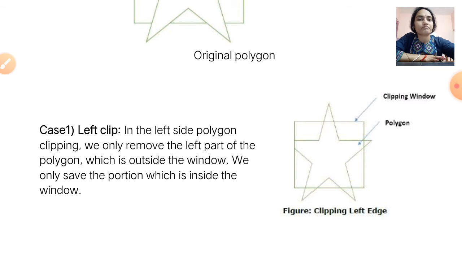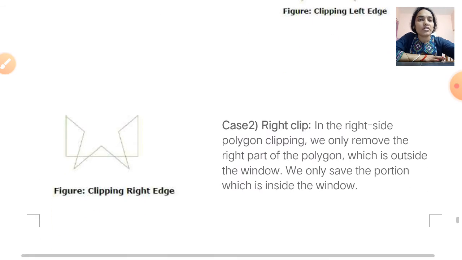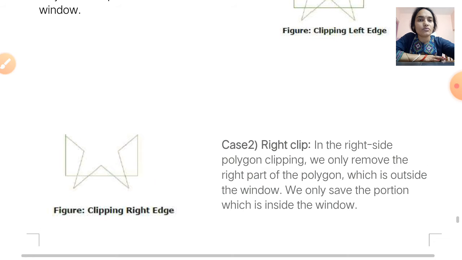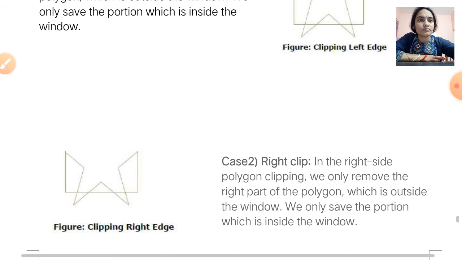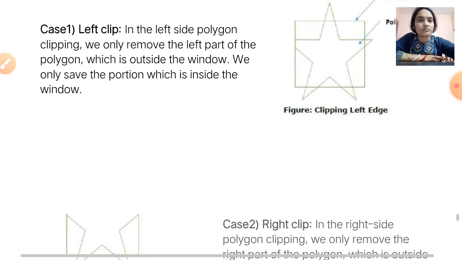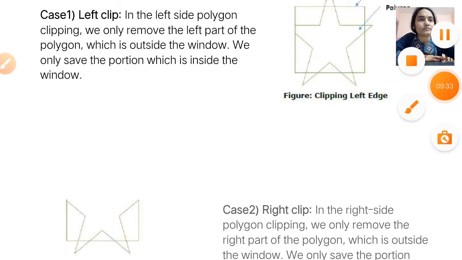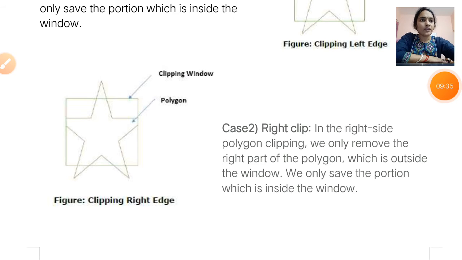Now next we will discuss the right clip. In the right side polygon clipping, we only remove the right part of the polygon which is outside the window.